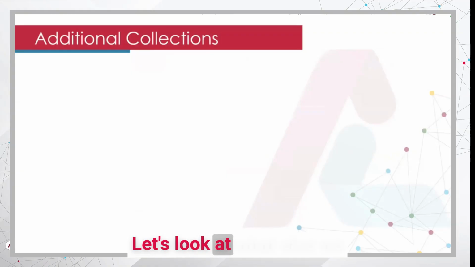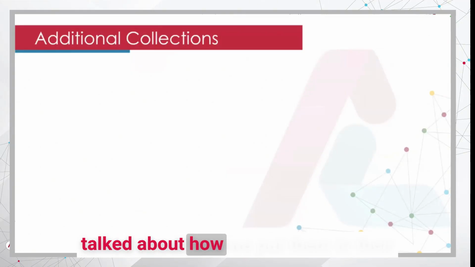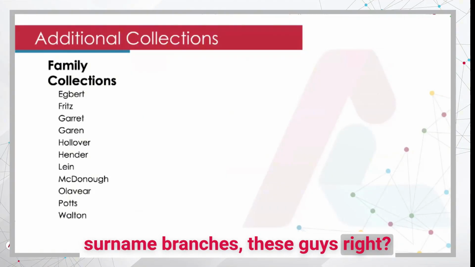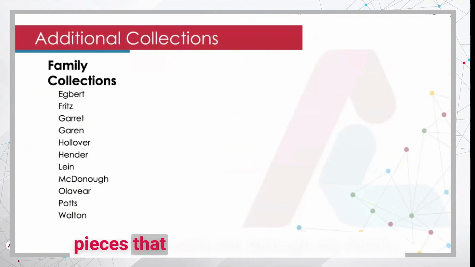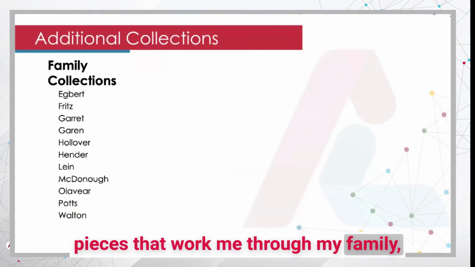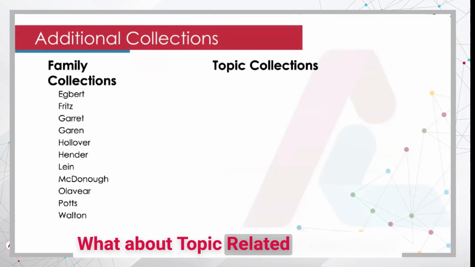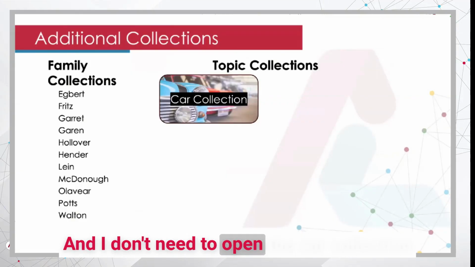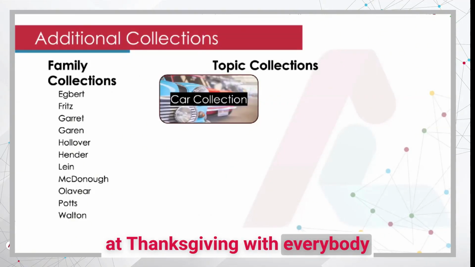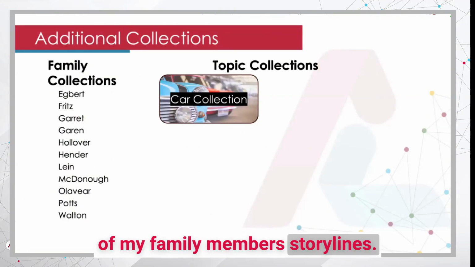Let's look at what else we can do with collections. We've talked about family. We've talked about how we put them in their surname branches. These guys, right? These are each one of the surname pieces that work me through my family. But there's other things you can do. What about topic-related collections? What about that car collection? Now, I don't need to open the car collection at Thanksgiving with everybody else, but it's a really big part of one of my family members' storylines.